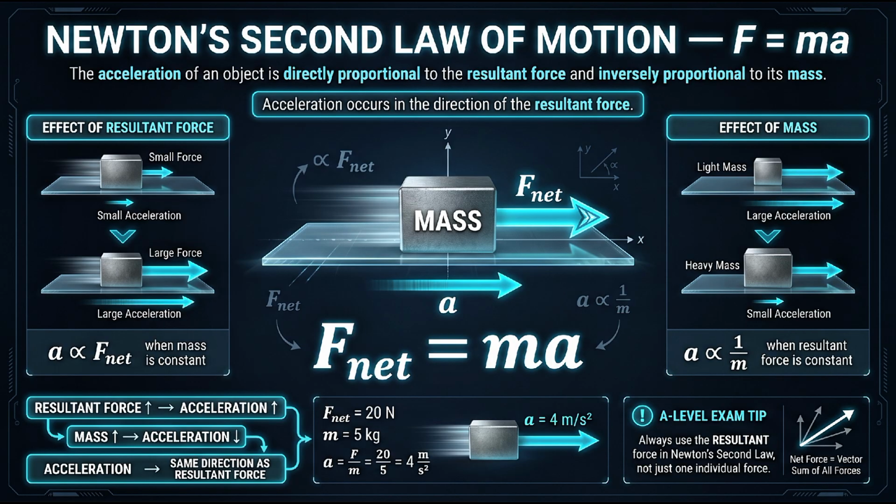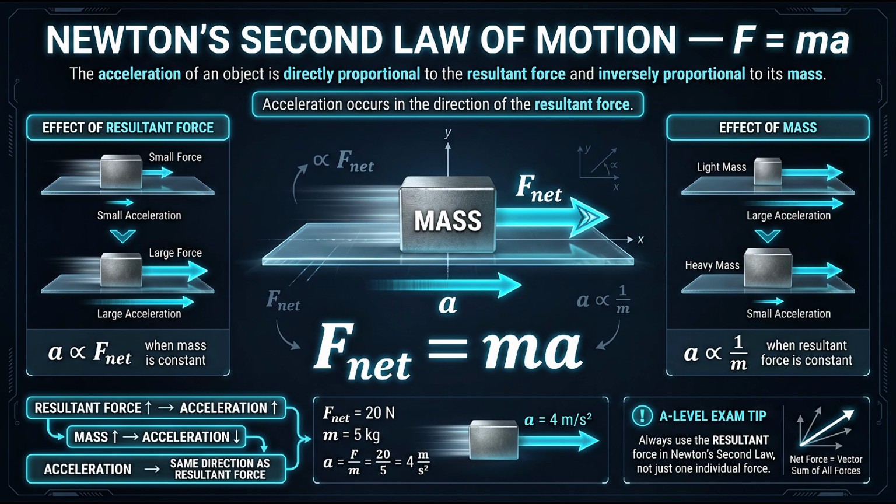This is expressed mathematically as acceleration being directly proportional to the resultant force. We can write this as a proportionality relationship, a proportional to F net, when the mass is constant. This means that if the resultant force is doubled, the acceleration doubles. If the resultant force is tripled, the acceleration also triples, provided that the mass remains constant.